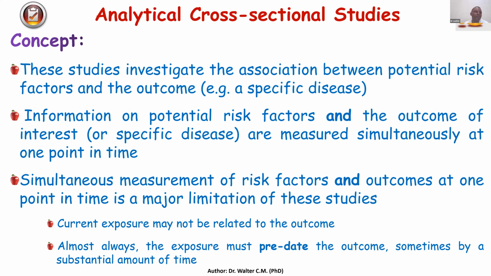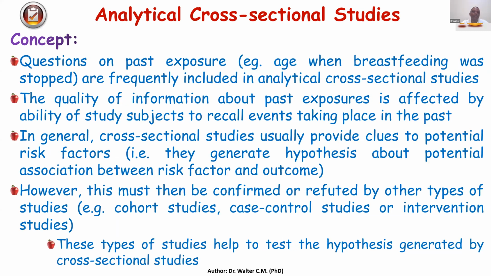So you establish a time, because we said cross-section needs time. A single point of time, and then you go there, collect data, come back, sit down, manage data, analyze, and interpret it. So you have questions for factors, and you have questions for the outcome of interest.